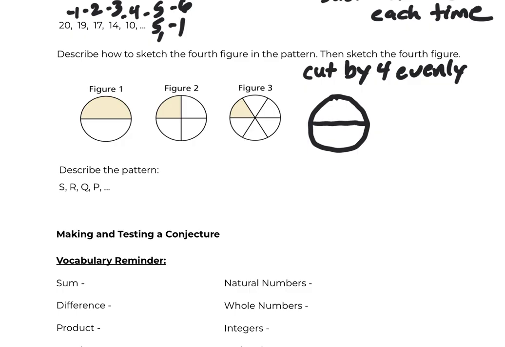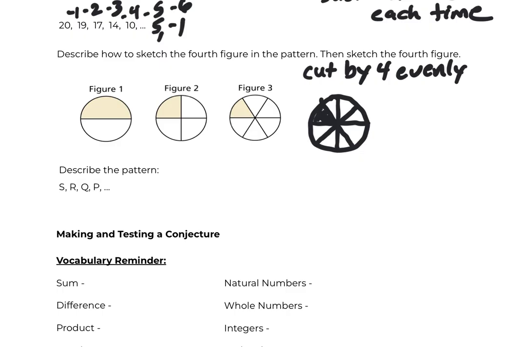So that's going to go 1, 2, and then we're going to cut it just like most pizzas or pies would be cut. We're going to go diagonally, and we have 4 lines. Okay, so we cut it in half and half, quarters and quarters. And how many pieces do we have? 8. Okay, and they're shading in just one of the pieces. So we'll just shade one of them in to make it the same as the others.